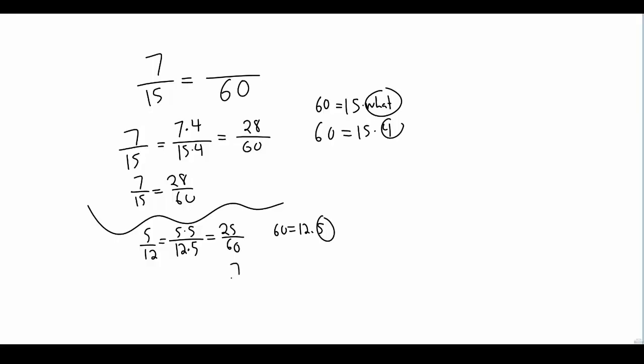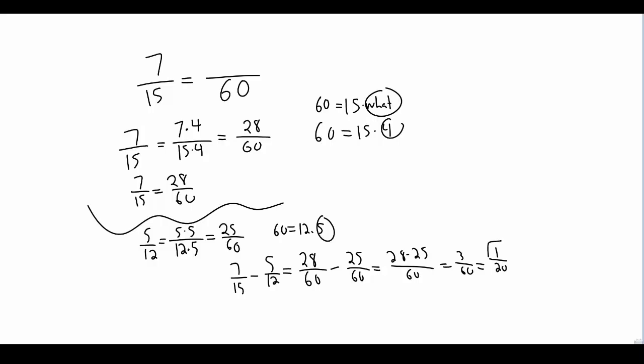So the subtraction of rational numbers problem becomes one with a common denominator. And again, put your answer in lowest terms, 1 over 20.